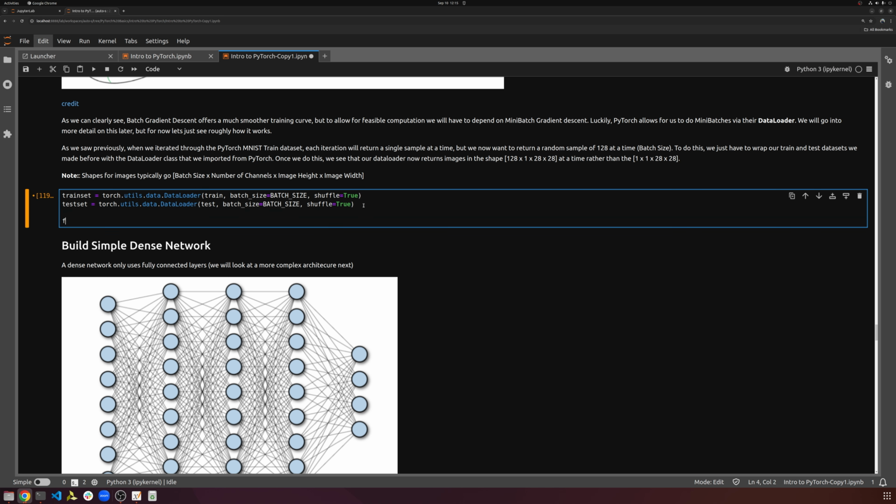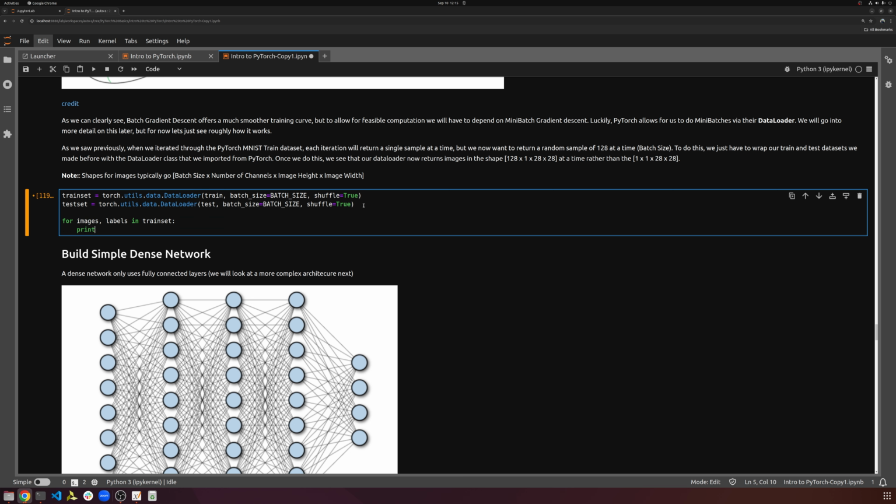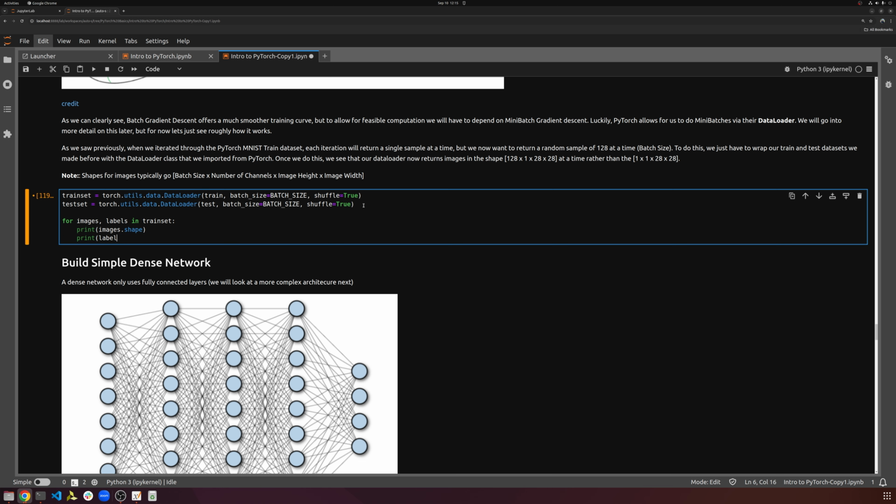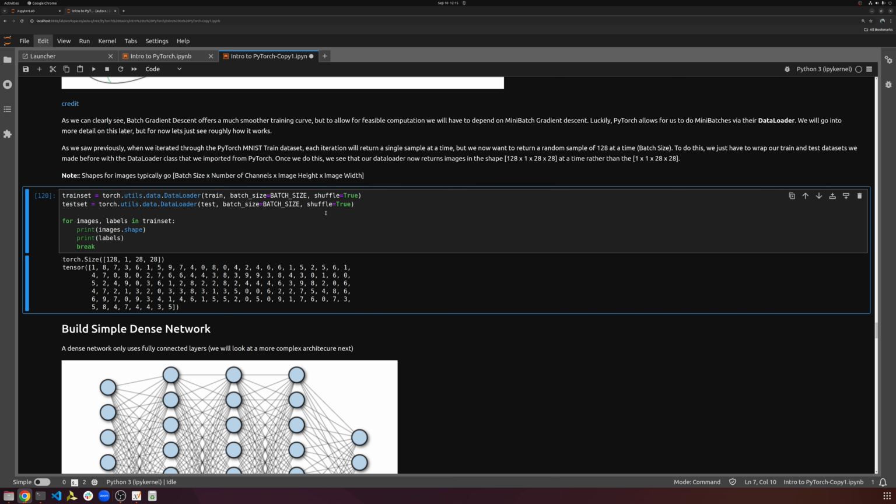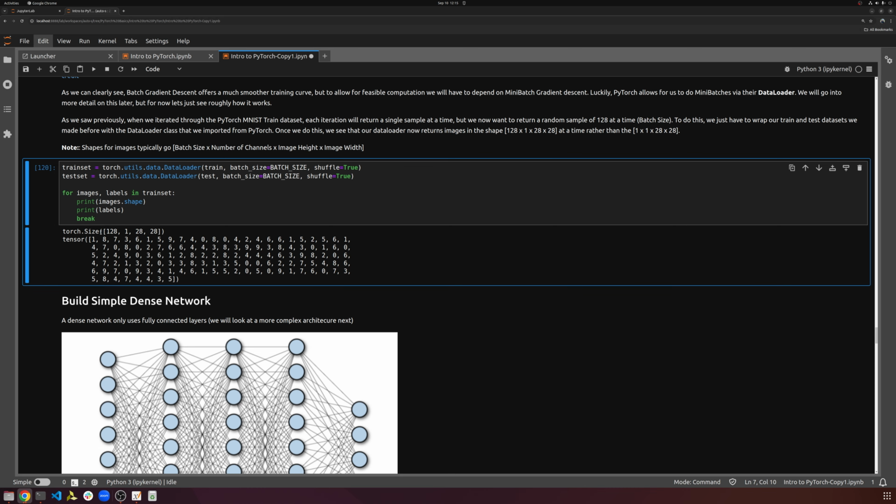And so if we do for images, labels in train set, we can print images.shape and print the labels and break. So you can see we have 128 images. Each image has one channel because it's a grayscale image, and each channel is a 28 by 28 image.